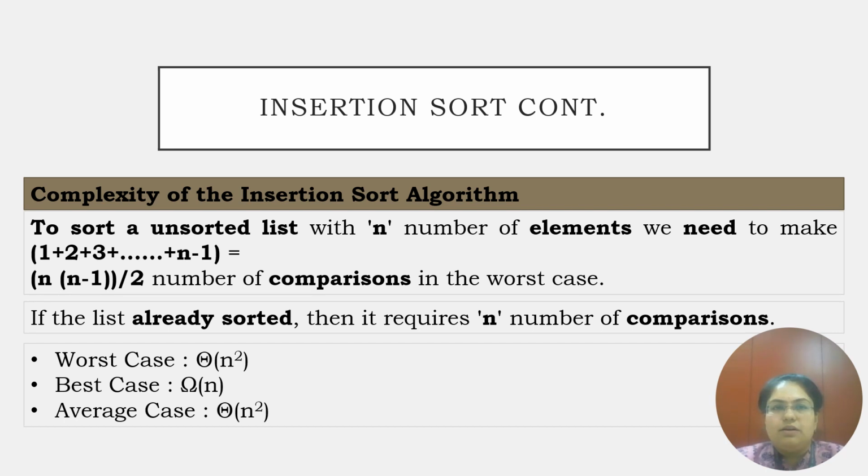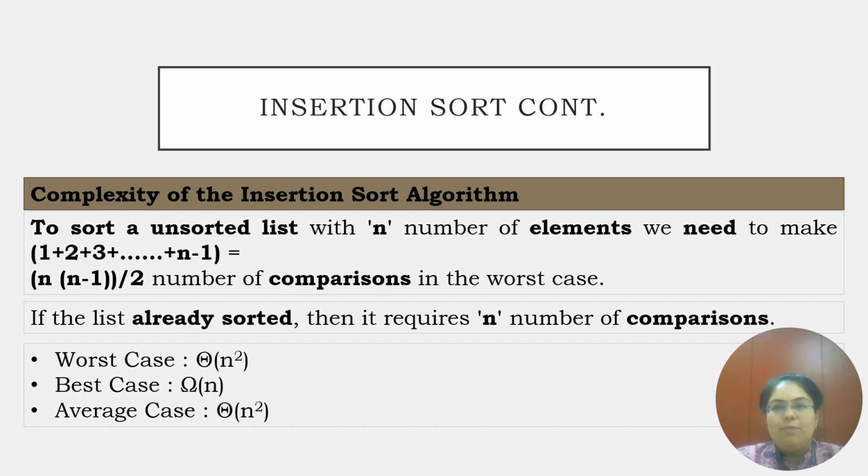If we want to sort n elements in an unsorted list, we need n into n minus 1 divided by two comparisons. If the list is already sorted, we need n comparisons. That is why the complexity of insertion sort in the worst case is theta of n square.